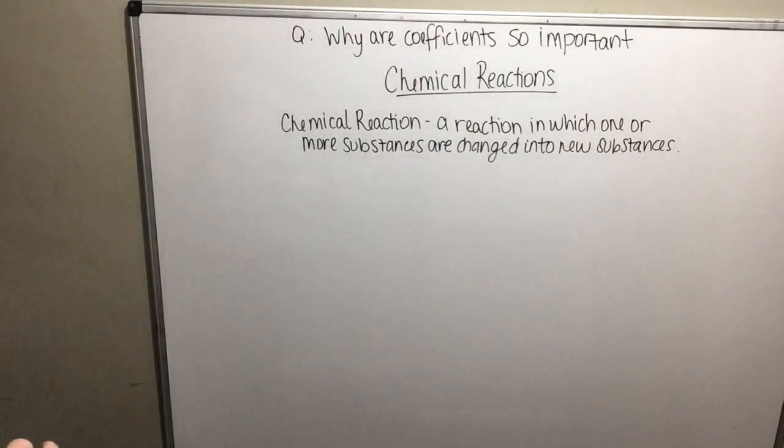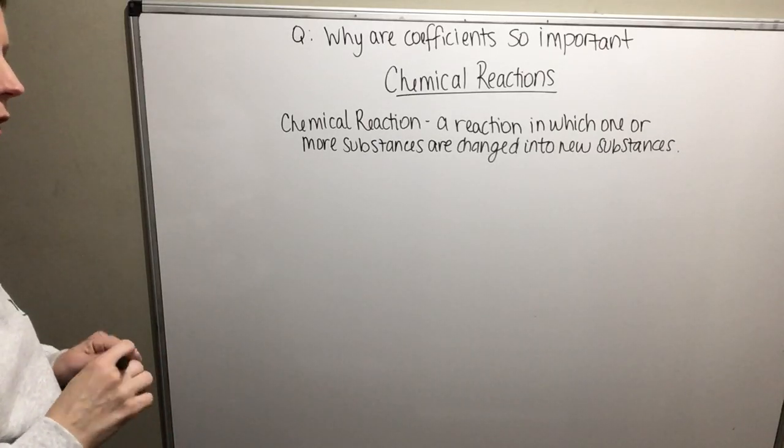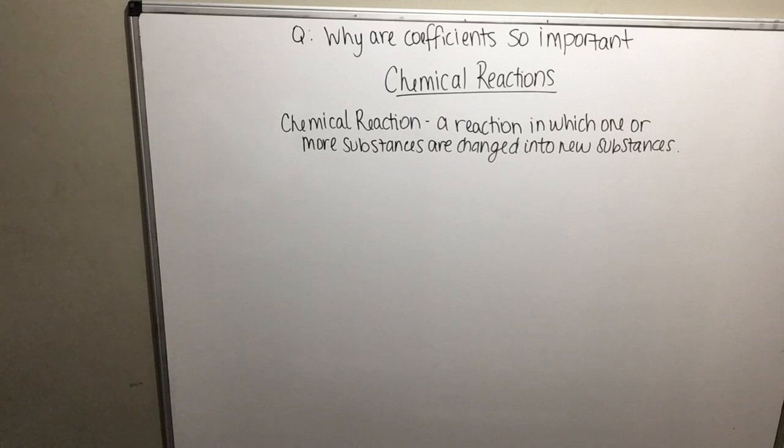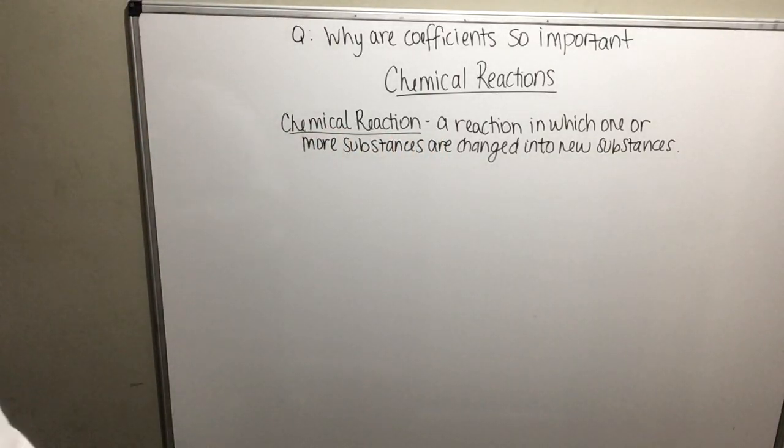Okay, so we start with something like water and glucose, or we start with water, oxygen, and carbon dioxide, and we can make new substances. We can take apart glucose and make it into something else. Those are chemical reactions. Okay, we're going to draw some in just a second. So in order for us to understand a chemical reaction, we need to know the parts of a reaction.